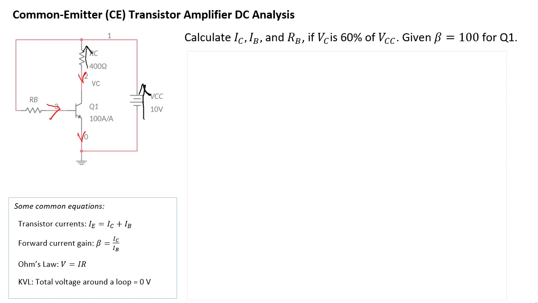And since IB is moving from left to right, positive VRB is in this direction. Again, this is an NPN transistor, so VBE is pointing that way. So that's VBE.